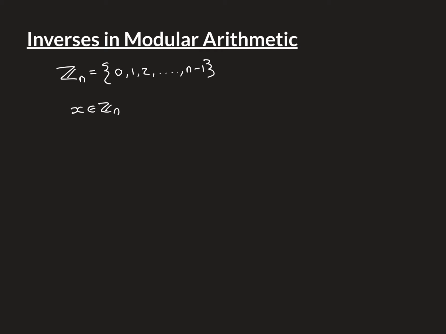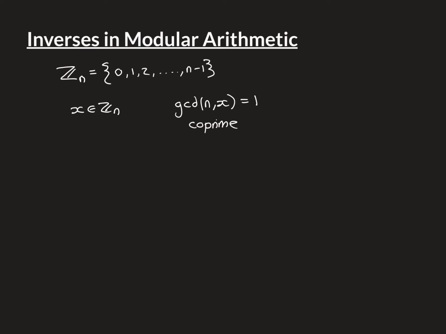So if the greatest common divisor of x and n is 1, i.e. they are coprime, then and only then will x have a multiplicative inverse in the ring of integers modulo n. So we need the greatest common divisor of n and x to equal 1, and the fancy name for that is that the two numbers n and x are coprime to one another.